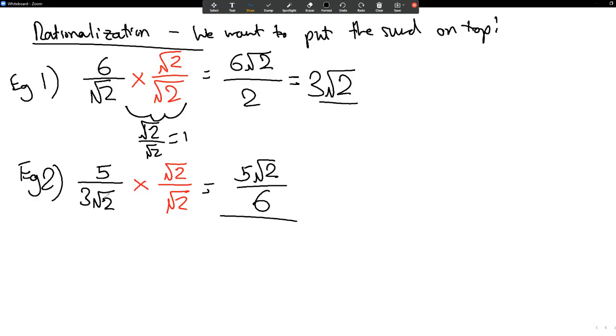Okay. Well, what we can do now is we can also rationalize more complex fractions. How about something like this? Right. So now remember we can't just multiply by root 3 now because we're adding it to a number. Before, we were multiplying it by a number, so we could still just multiply by root 2.